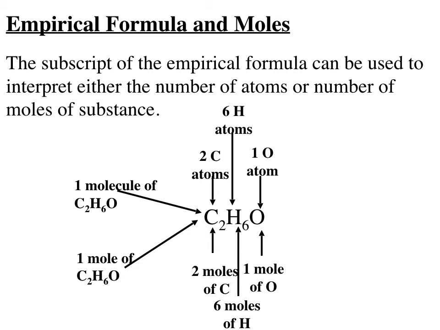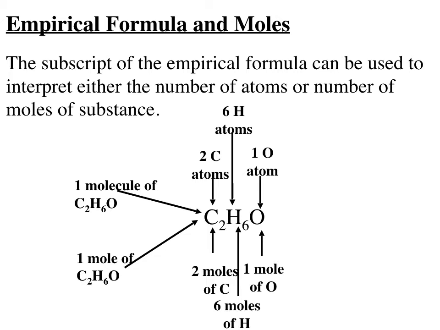Then in 1 mole of C2H6O, there are 2 moles of C, because there's a 2-to-1 ratio of C per molecule. So in 1 mole of C2H6O, there would be 1.2 times 10 to the 24 carbon atoms. Now, where did I come up with that?